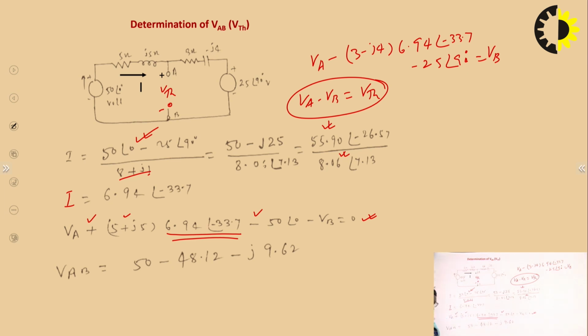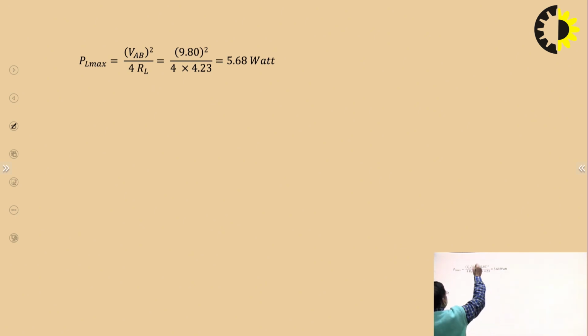So VAB is VTH, which is 9.80. Now, maximum power is VTH square upon 4 RL.